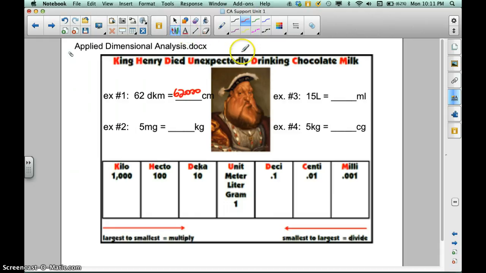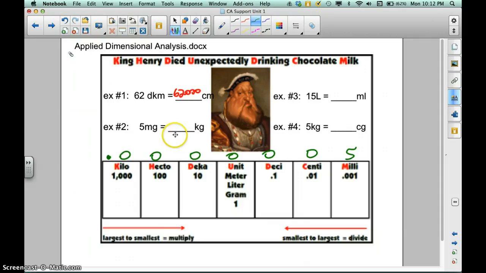So example number 2, 5 milligrams equals how many kilograms? So think about where you're going to put the 5. We're talking about milligrams. Put your 5 in the milli column. And now this time we have to go the other direction. We're trying to change this into kilograms. And if you put zeros everywhere you need to, all the way up to kilo, you can see that this number is a very small number, and you actually have to put a decimal point in the beginning because numbers don't start with 0 unless they're a decimal.